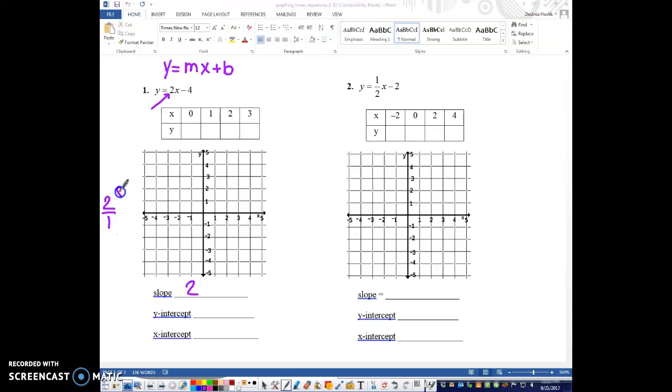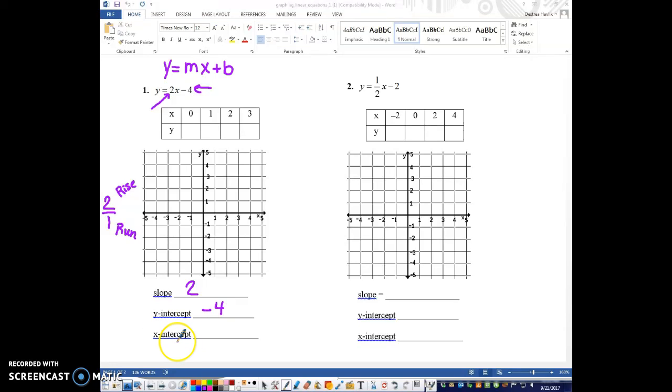And then you can always look at b. B is your y-intercept. So here it's not 4, it's negative 4.